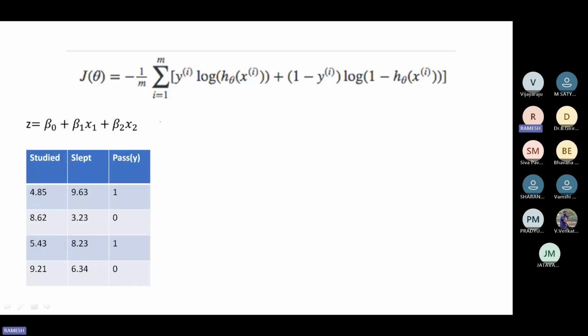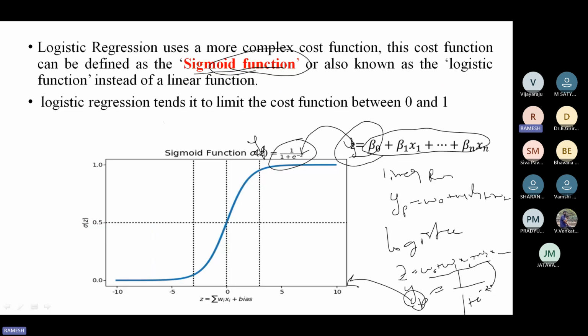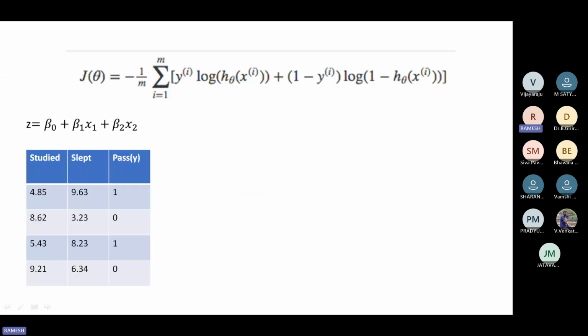Here, this is after calculating the y predicted value. Now how can we calculate the error? First we'll calculate the y predicted values with the help of 1 by 1 plus e power minus z. We know that z is equal to w0 plus w1 x1 plus w2 x2 and so on.